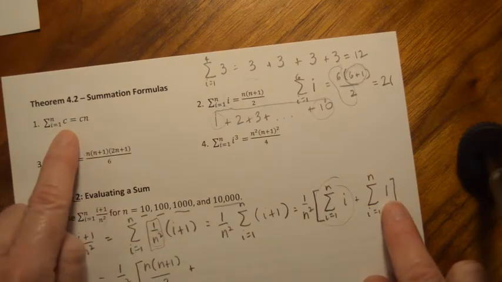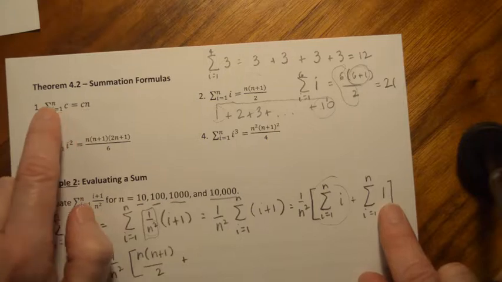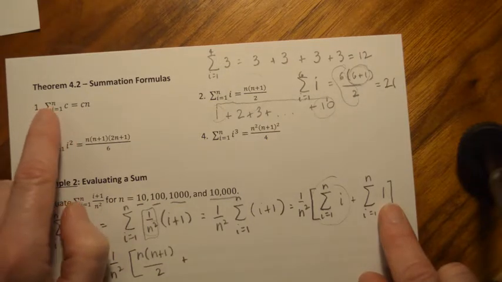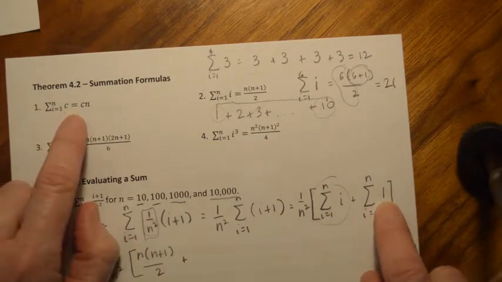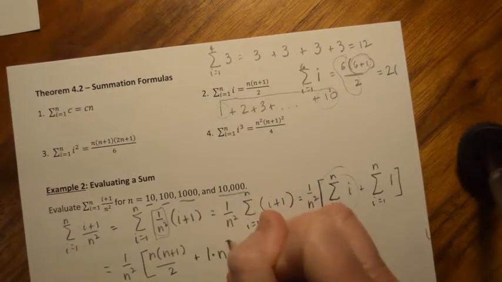And our constant in this case happens to be 1, right? And so what this formula tells me to do is just take the constant times the upper bound up here. So in this case, the constant is 1 and the upper bound is n. So this is 1 times n.